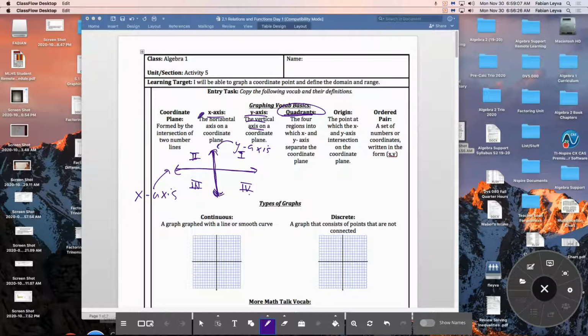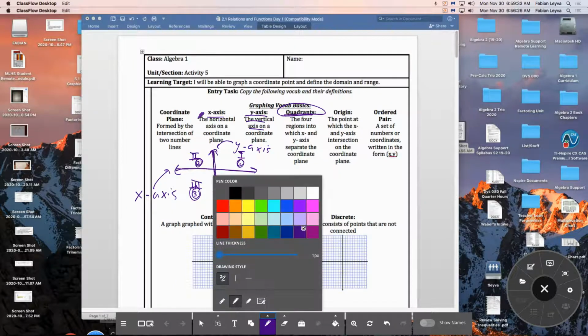I don't know why, but they always seem to write them that way, but it doesn't matter. All you have to say is quadrant 1, quadrant 2, quadrant 3, and quadrant 4. The reason I wrote the Roman numerals is so that if you have a homework assignment, you know that those are just Roman numerals. These regions are not going to change. Region 1 is always going to be 1, 2 is going to be 2, and so forth.